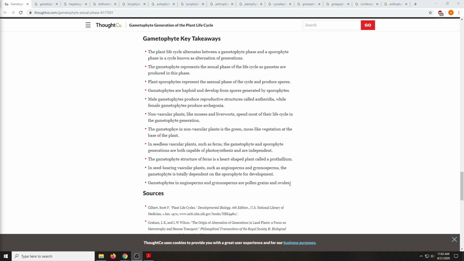I want to highlight this right here. Gametophytes in angiosperms and gymnosperms are pollen grains and ovules. So what that means is the reproductive part of the plant in large trees and flowers is attached to the sporophyte.